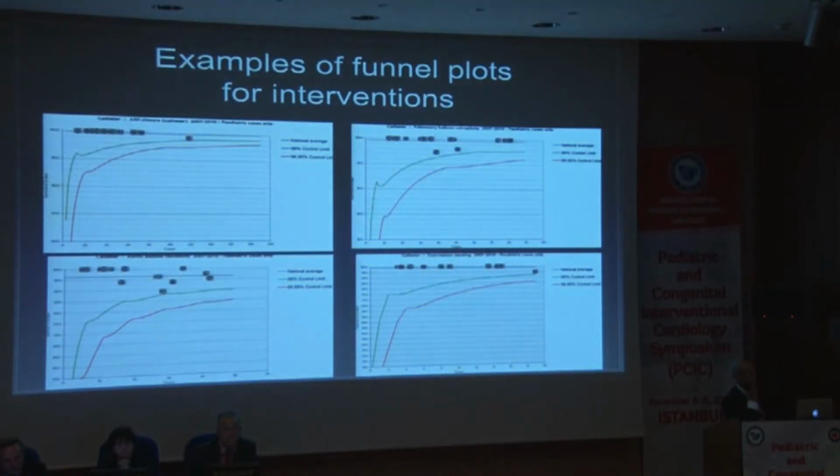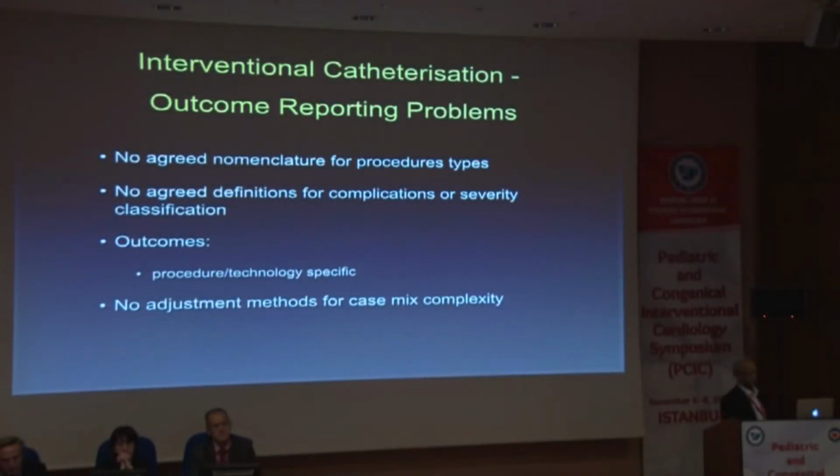We have collected similar data for interventions, but it is a very simple data, because the only thing that has been collected in the UK is the mortality, and we know that mortality is very low, and therefore mortality after interventions is not going to be a very sensitive indicator when it comes to improving your quality.